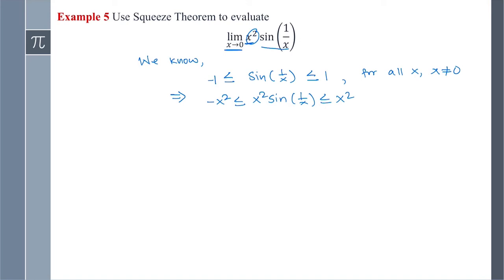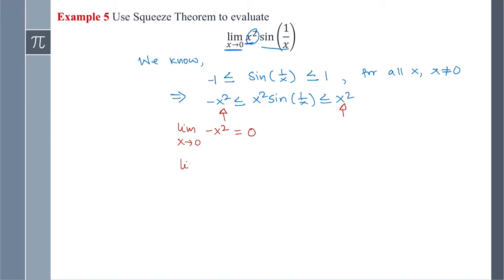Now our goal is to find the limit as x approaches 0 of that function. So let's go ahead and check what we get for these two functions. Do we get the same limit? Can we use the squeeze theorem? So let's go ahead and try that. Okay, so the limit as x approaches 0 of negative x squared equals 0 because we can do the direct substitution.